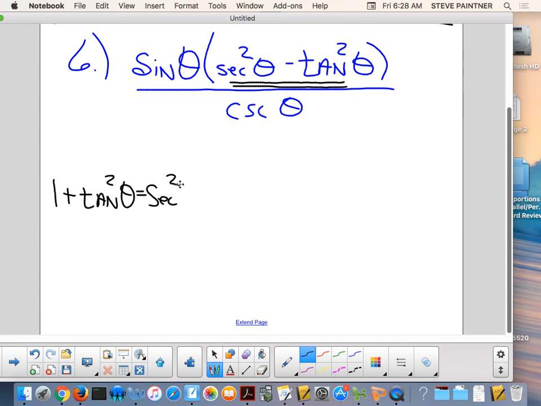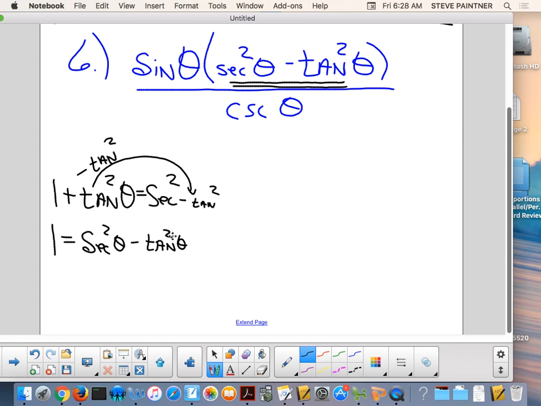Now, you don't have that, but what you have is secant squared minus tangent squared. So secant squared theta minus tangent squared theta equals what number? 1. So what you could have done is just put a 1 in that spot.